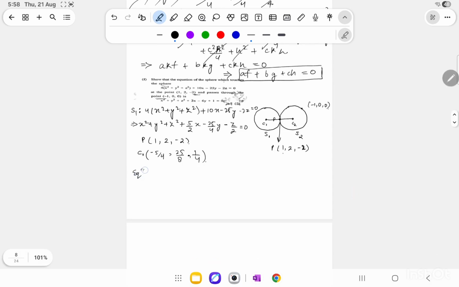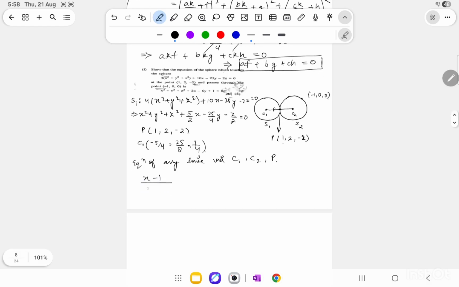So the equation of the line via C1, C2 and P will be (x minus 1) upon (1 plus 5/4) equals (y minus 2) upon (2 minus 25/8) equals (z plus 2) upon (-2 minus 1/4).